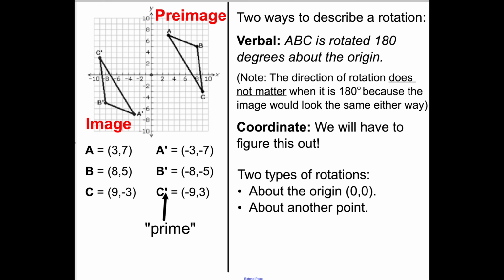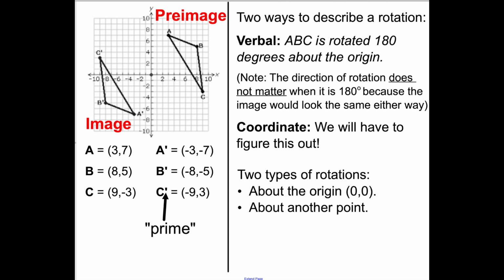For example, ABC is rotated 180 degrees about the origin. So you notice that there is a measurement, how much, 180 degrees, and I also specify what point I am rotating about, the origin. For those of you who do not know, the origin is the point 0, 0. It is the point where the x and the y axes meet.